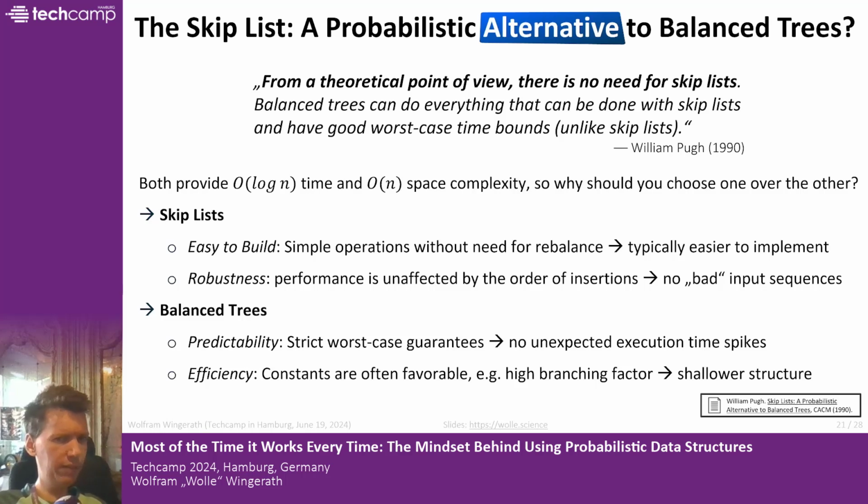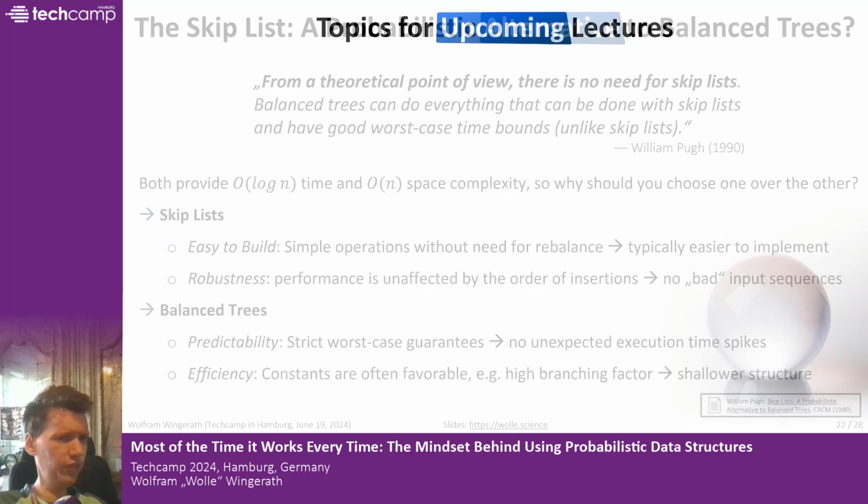So honestly, if you're really serious about performance, you would probably use a tree, but if you are implementing something and you don't want the extra complexity, you could just use skip lists and still understand what's going on. And this is basically the skip list part.